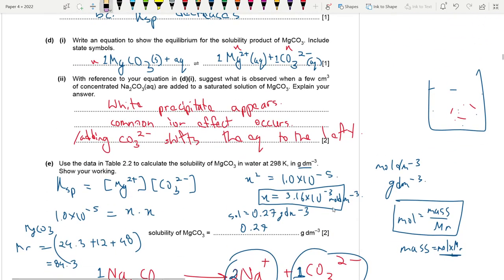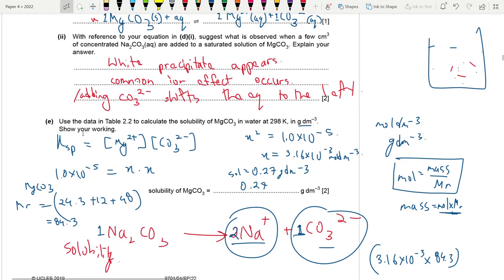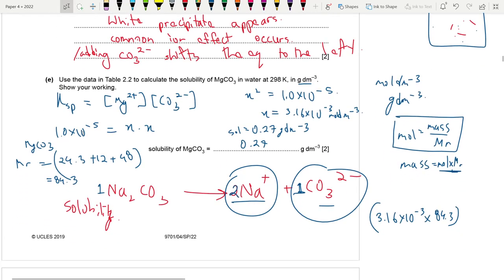Now we need to convert this to gram per dm cube. We know that moles equals mass by Mr, so mass is equal to moles into Mr. The Mr of magnesium carbonate is 24.3 plus 12 plus 48, 84.3.